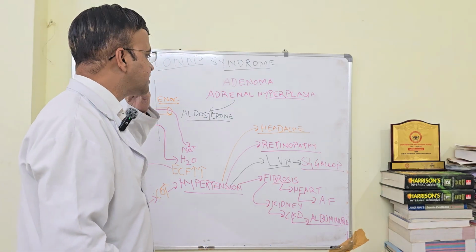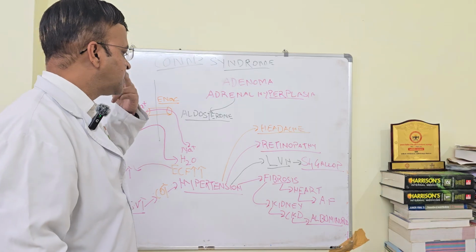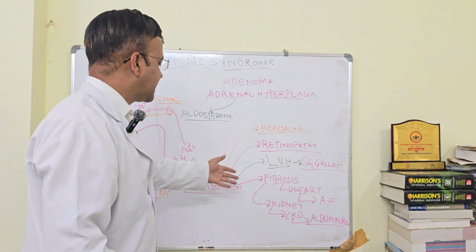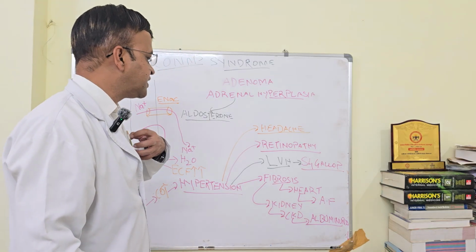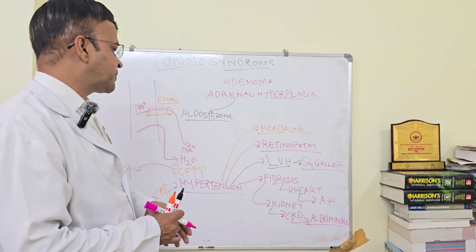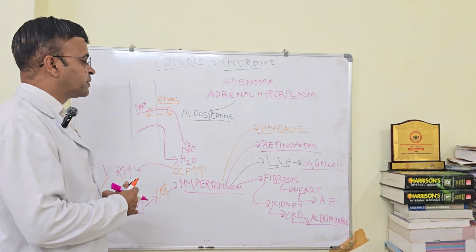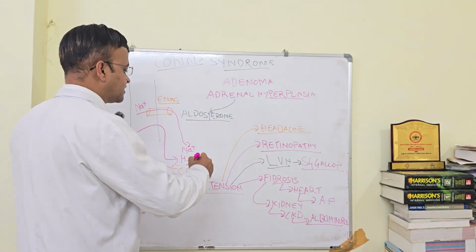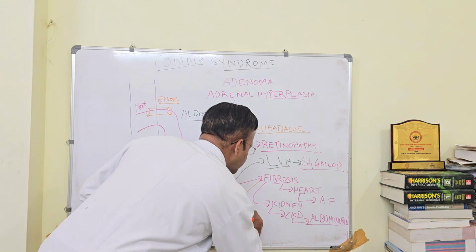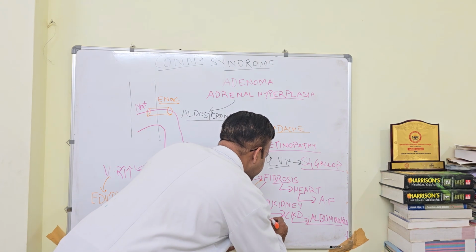It can lead to headache, retinopathy, and left ventricular hypertrophy, which can lead to an S4 gallop. It can lead to fibrosis of the heart, leading to atrial fibrillation, and fibrosis of the kidneys, leading to albuminuria. Even fibrosis of your vasculature can ultimately lead to stroke.